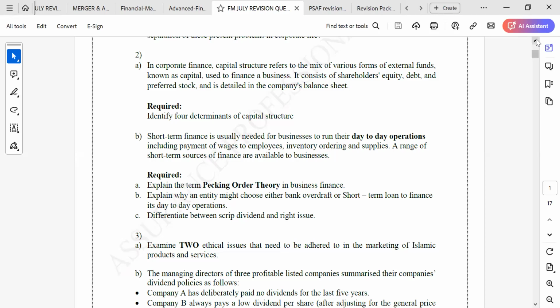It's a theory which guides firms when they intend to source for finance. Okay, that is not bad. Yes, Mike. Okay, pecking order basically states the sources of finance for a company, which states that they should first look at their retained earnings.